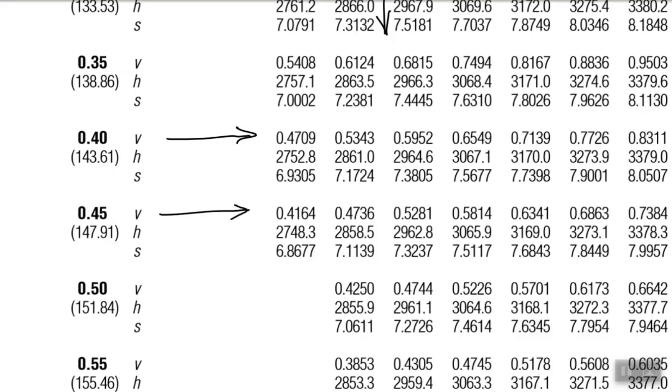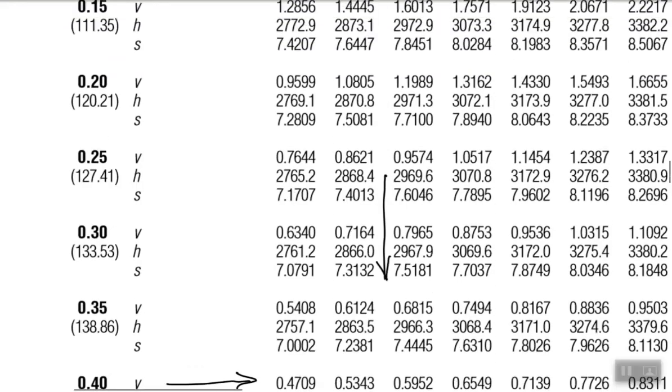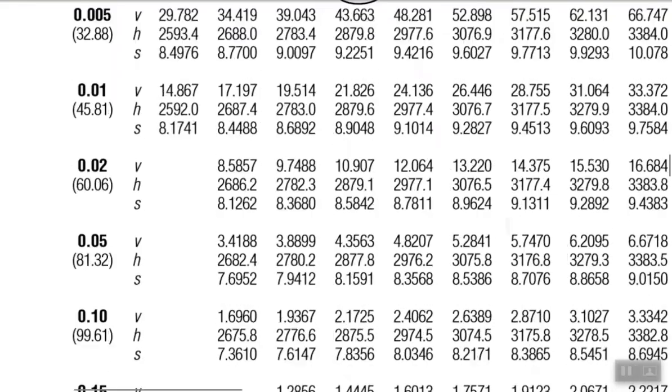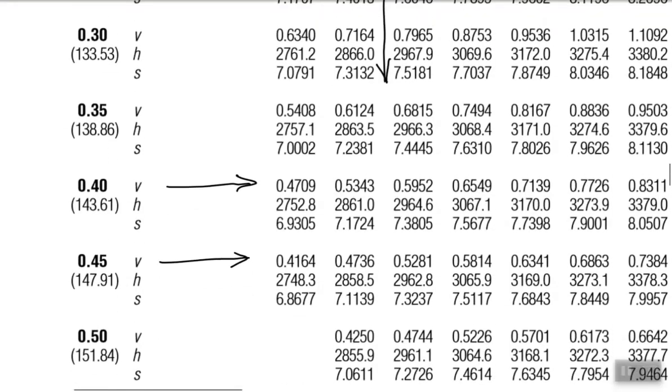Yes, 200 degrees centigrade. These are the two volume values: one is 0.5343 and the other is 0.4736. That means our volume of 0.5 is somewhere between these two values.